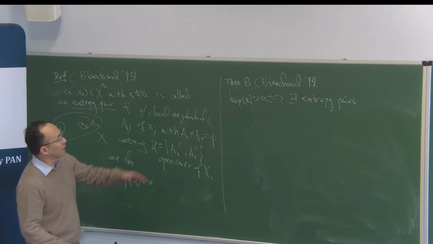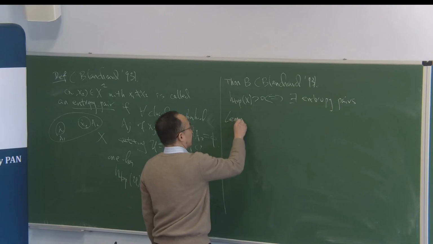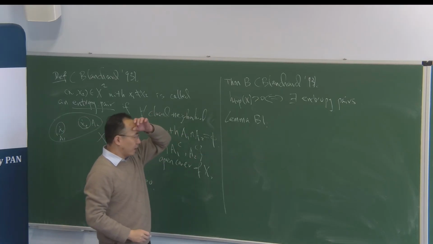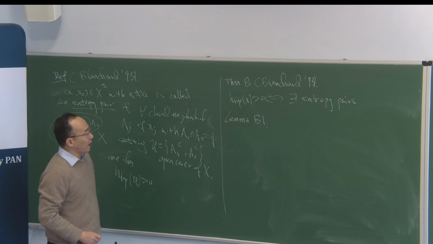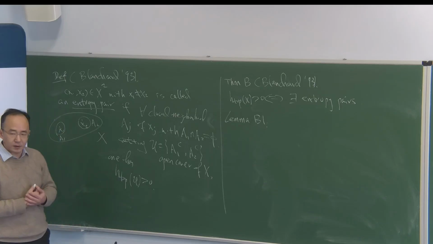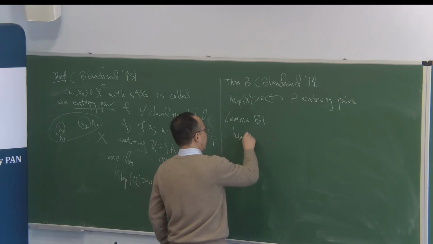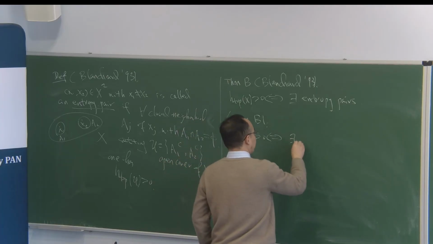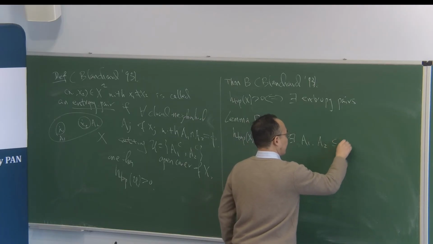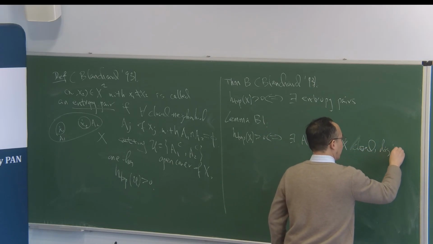So how did they prove it? This is based on two lemmas. The first is that the entropy is positive if and only if you get positive entropy for some special kind of open cover, if and only if there exist A1, A2 closed and disjoint.